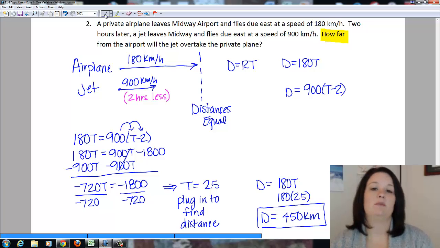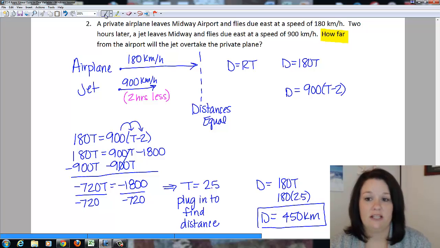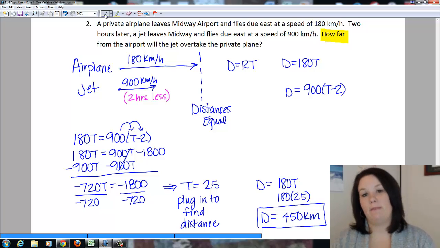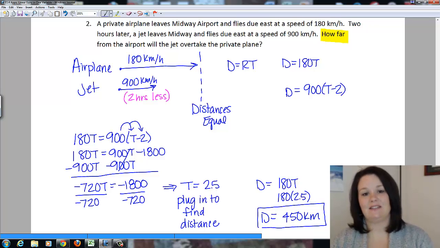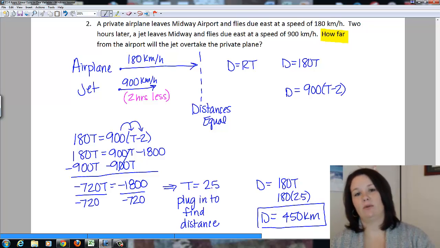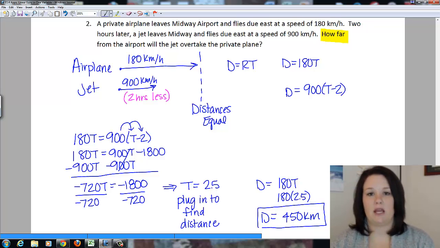So I'm just going to plug into the easiest one, which was the 180t. I take my 2.5 and plug it back in to find the distance. So 180 times 2.5 gives me 450 kilometers, which is the distance at which the jet will catch the airplane. That's the distance they've gone from the airport.